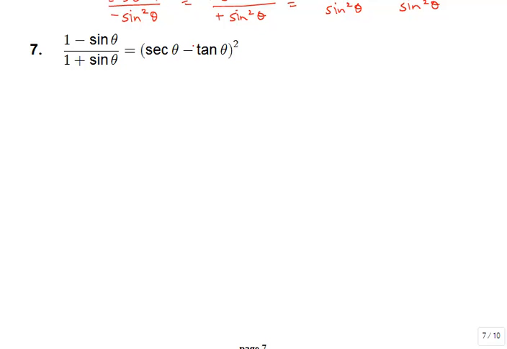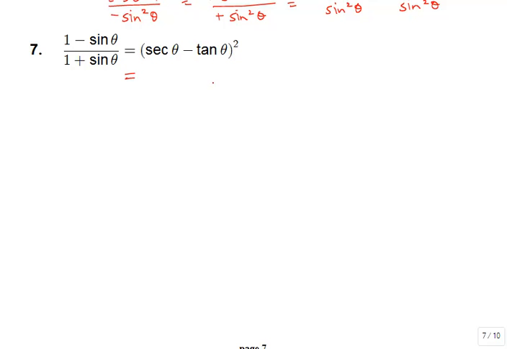Now you have lots of options here in how you want to approach this. To me, my first instinct is to go ahead and square this quantity out so that I can get some of those secant squareds and tangent squareds, and then pull out of my pocket those Pythagorean identities that involve secant squareds and tangent squareds.